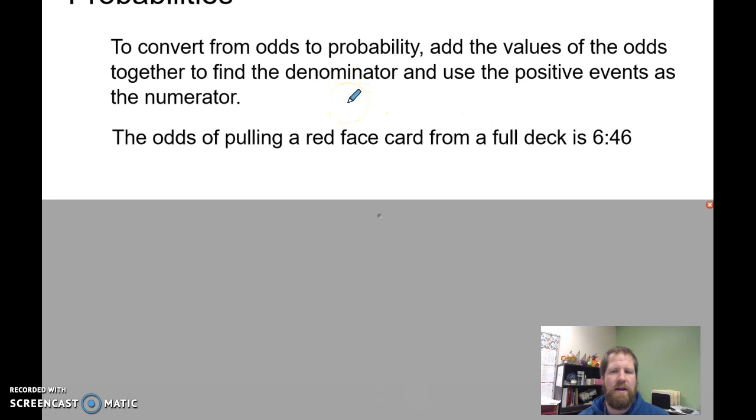Then you're going to use the number of positive events, or the number of events that you're looking for, as your numerator.